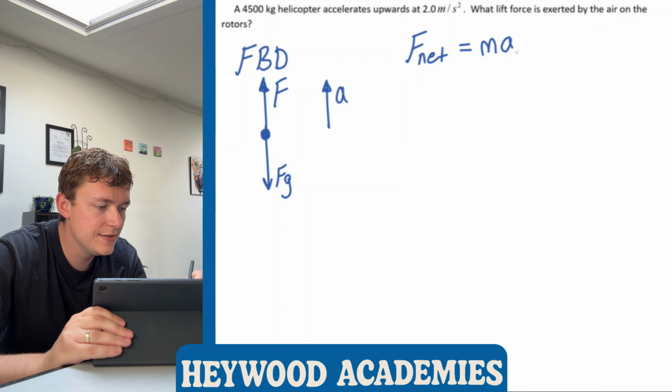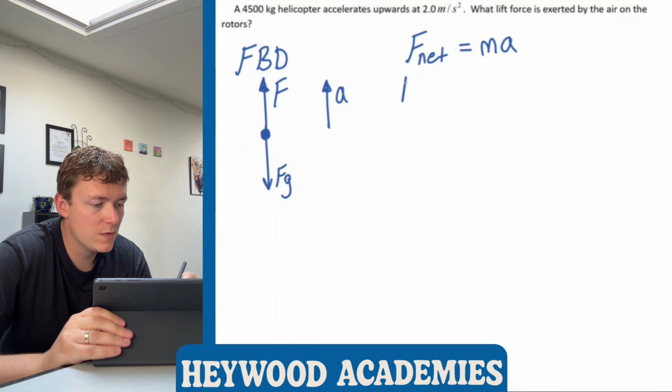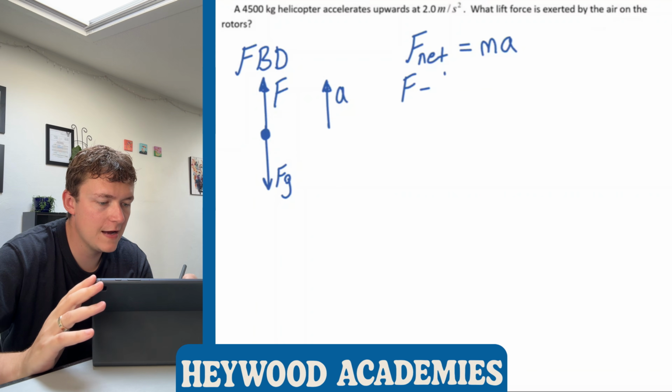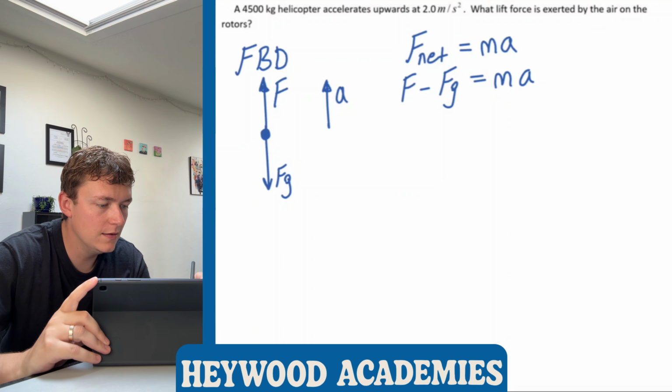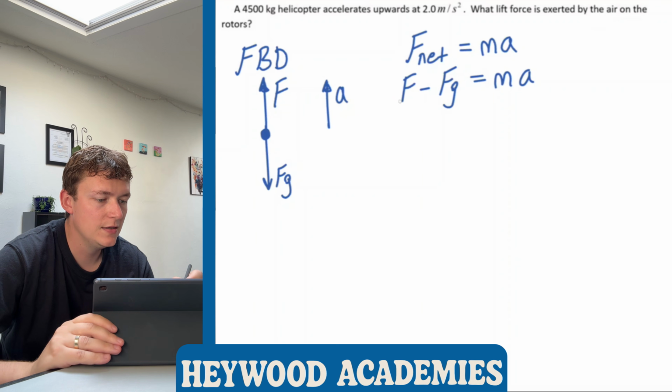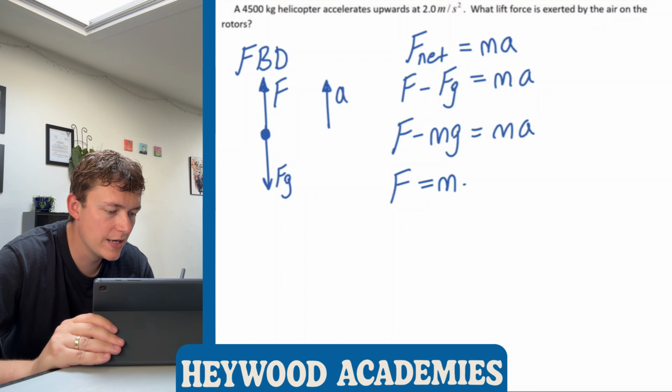So F net is equal to mass times acceleration. The two forces that we have to work with is this lift force in the positive direction because it's up, force of gravity is going down, so we're going to write that as negative. Now the force of gravity, that's just m times g, and we're looking for what we called F there, so we can bring mg to the other side of the equation.